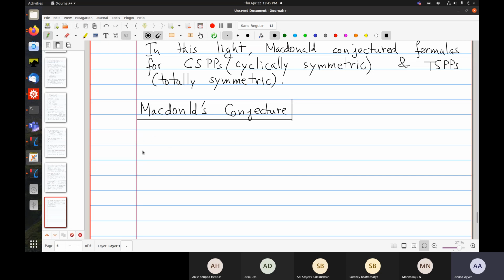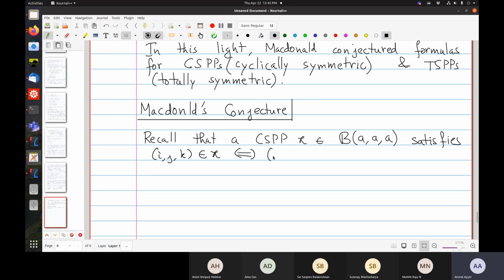So for a CSPP, where did I write it? Okay, so recall that a CSPP pi, now I need to take all three sides to be the same, satisfies: if ijk is in pi, then jki is in pi.